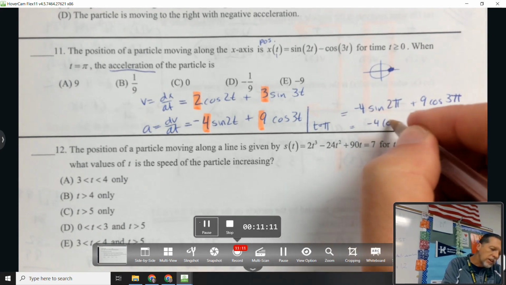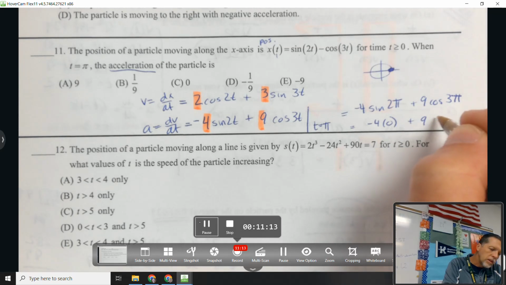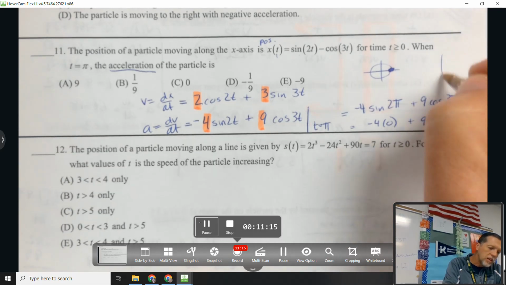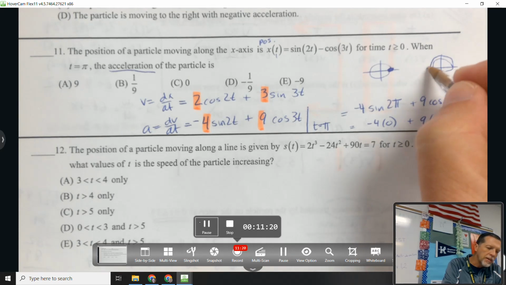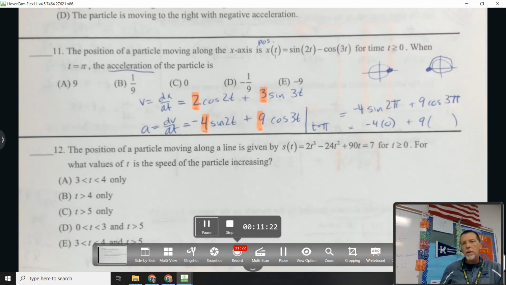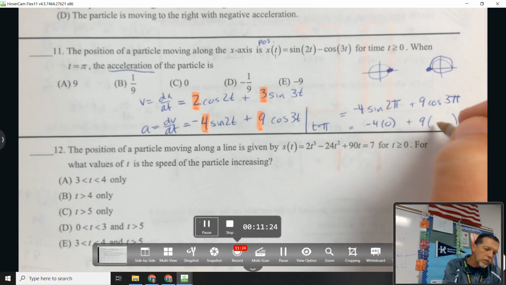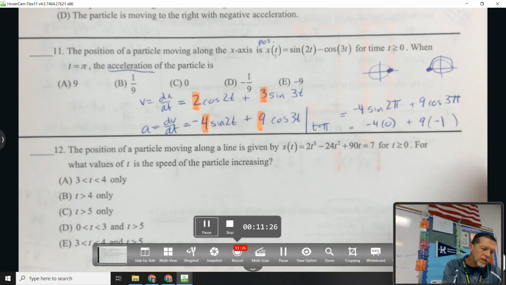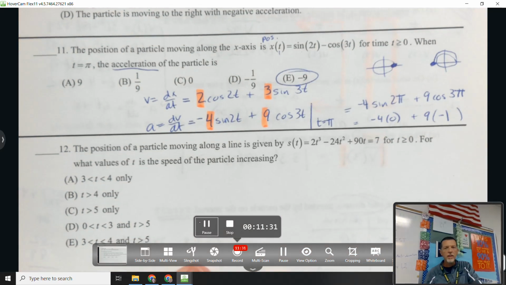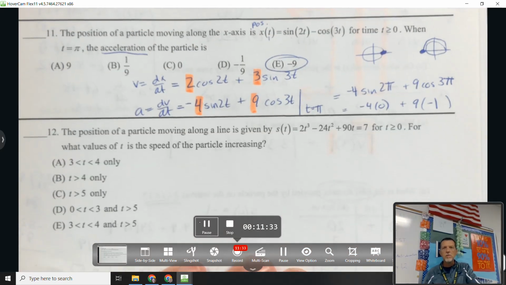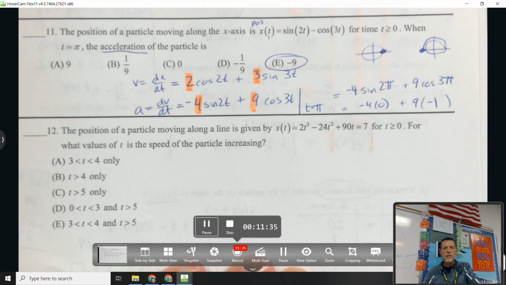So negative 4 times 0 plus 9 times cosine of 3 pi, which would be 2 pi around plus another pi around would put me right there. Cosine is the x-coordinate, negative 1. So my answer is negative 9. Kind of surprised negative 1 isn't a choice, because if you forgot the chain rule, you'd think the answer is negative 1.